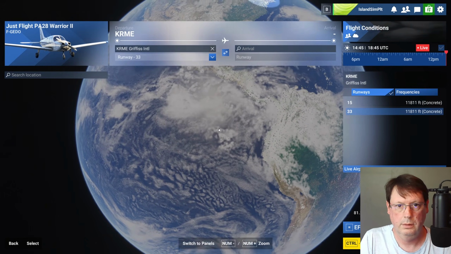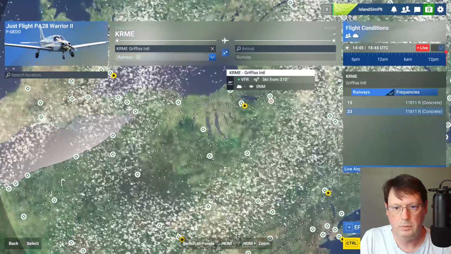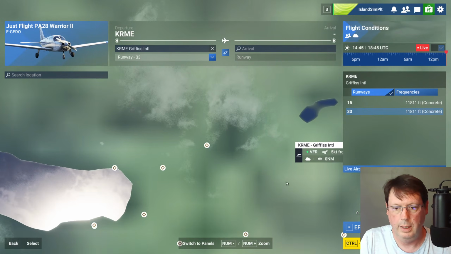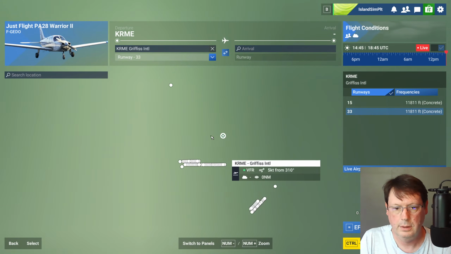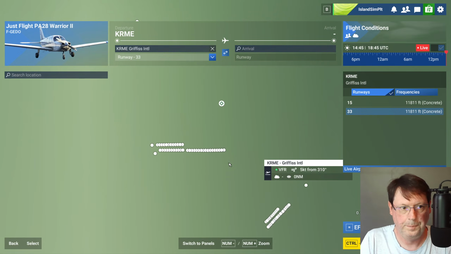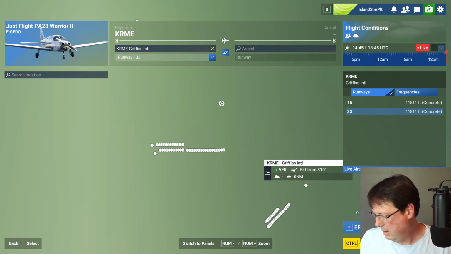One thing that is seriously bugged about Flight Sim 24 is you have to zoom in to find your airport. There's Griffiss, and they don't really have it laid out properly, but let's see here. We actually could start it on the runway, and then I don't have to mess with everything with startup. Let's do that.